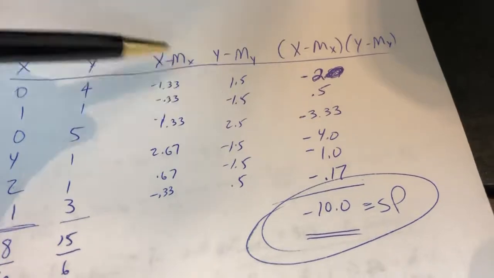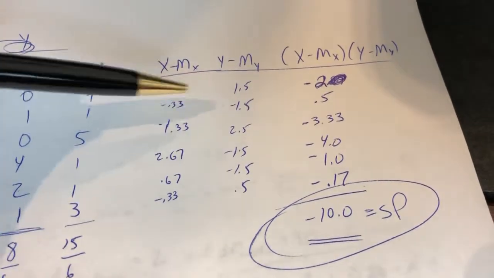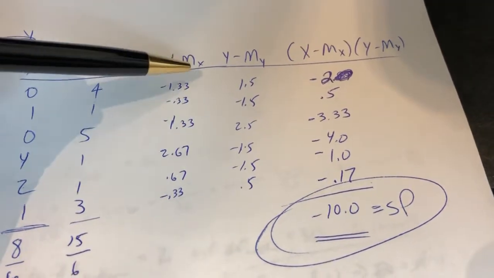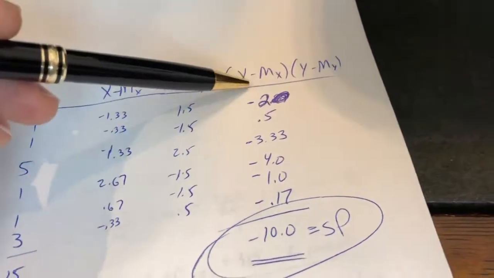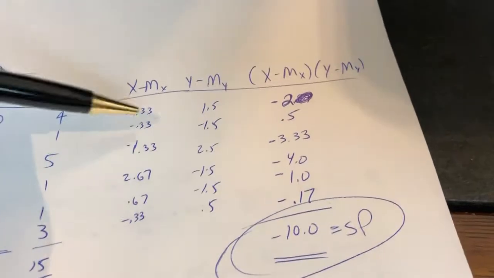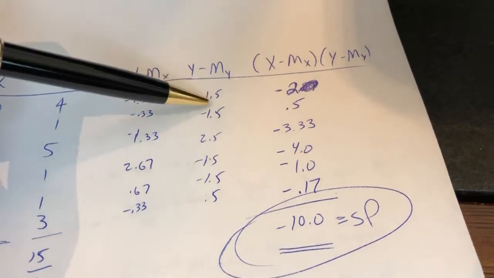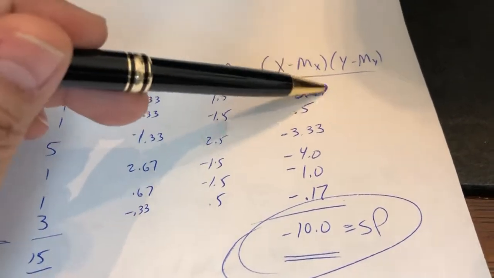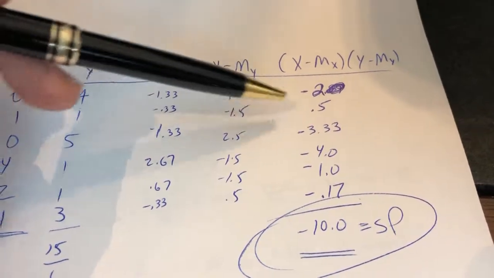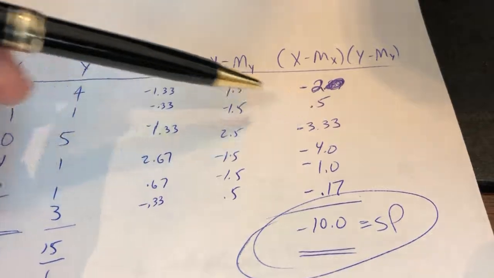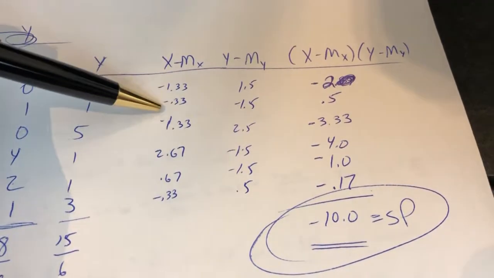So now you have x minus your mean and y minus your mean all separate. And so then all that we have to do is multiply them. Negative 1.33 times 1.5 is negative 2. That's a scratch out. Negative 0.33 times negative 1.5 is 0.5, but it's a positive because negative times negative.